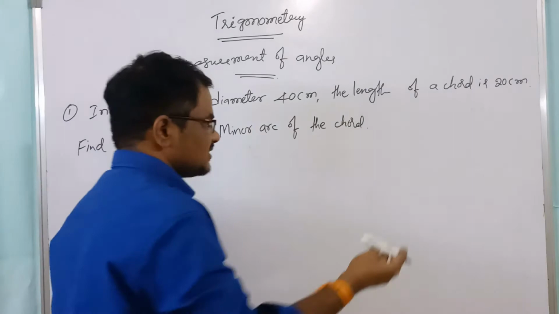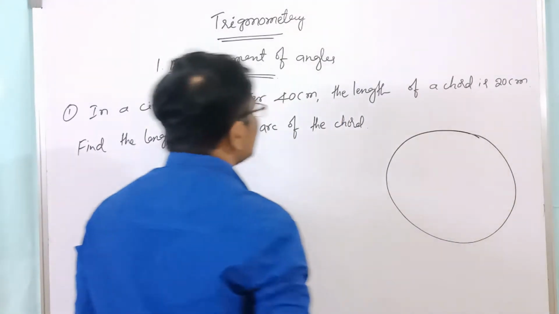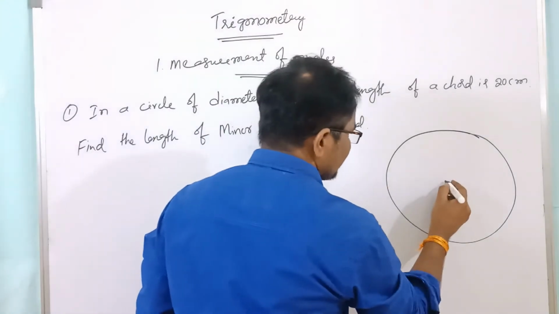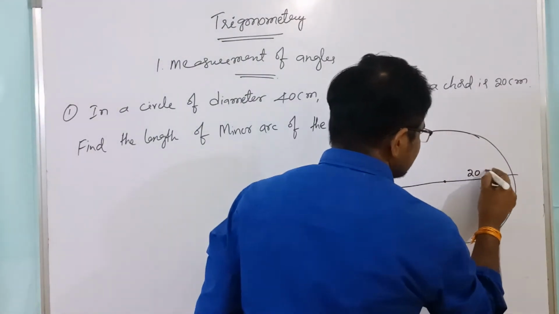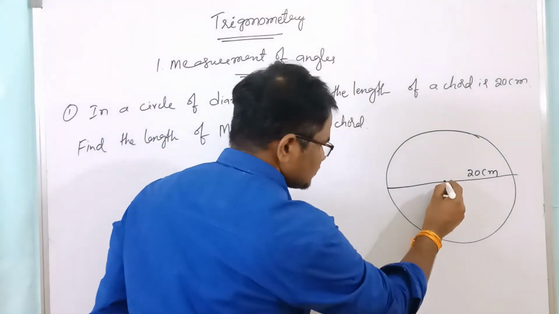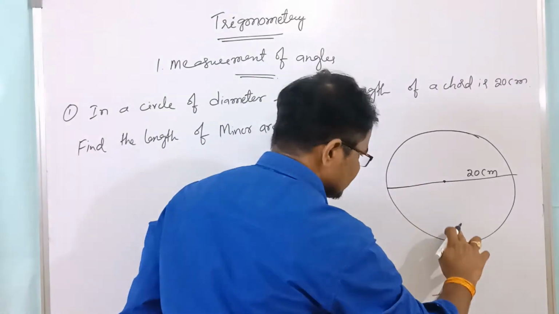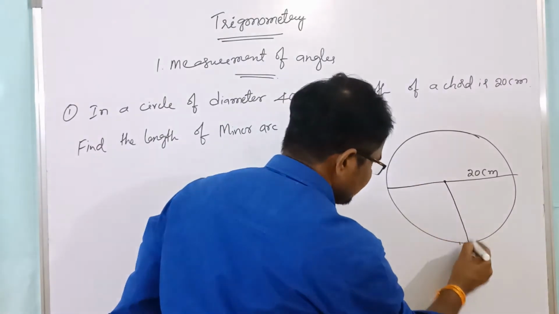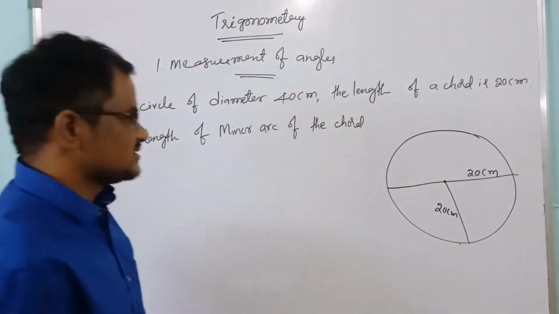First you take the circle. The diameter is 40 centimeters, so the radius is 20 centimeters. This is also a radius of 20 centimeters.